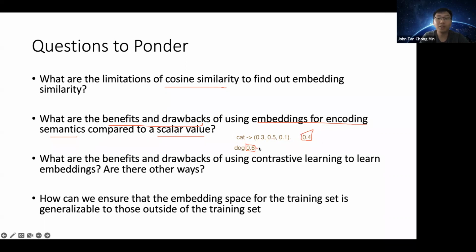Maybe house can be 0.6 or so. So we definitely need to use a form of vectors. Vectors are important. If we were to just use a scalar value to represent semantics, there will be a lot of clashes. At least with vectors, you can represent different dimensions as different attributes.